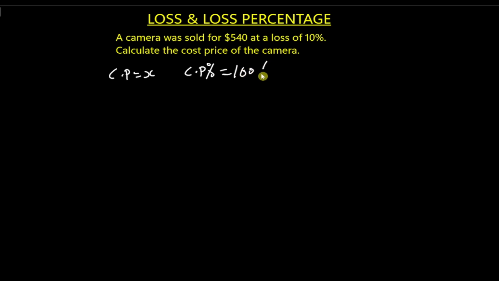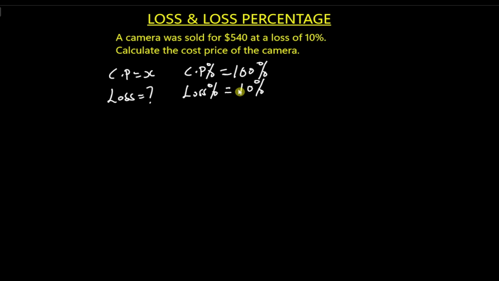So 100%. And the loss. Now the loss we don't know. Since in this question we are not solving for the loss, let's ignore the loss, and then the loss percent. The loss percent over here is 10%.